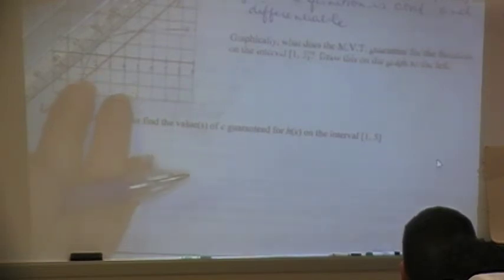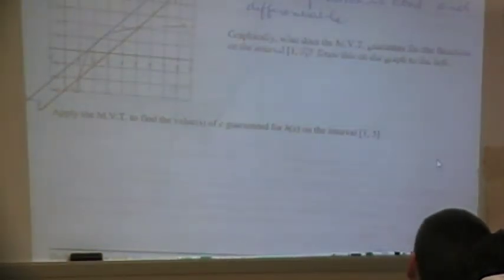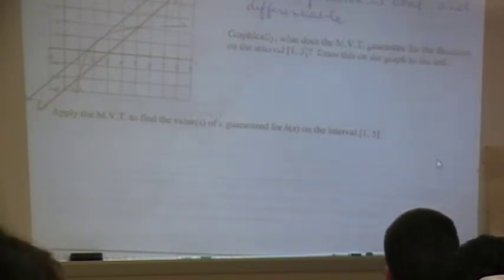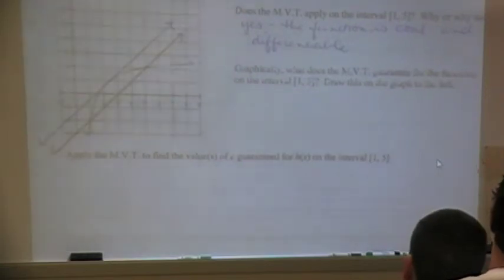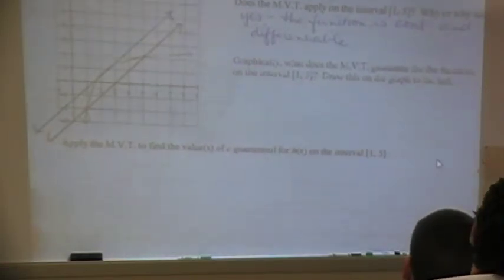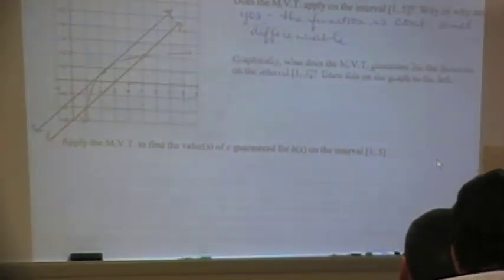We're just doing it graphically right now. I am just going to draw a parallel line, because that would mean they have the same slopes, right? Now you understand why you spent all those years going, parallel lines have the same slope. Now that means my instantaneous rate of change and my average rate of change have the same slope. They're parallel lines. So it's somewhere in between. It looks to be right about here somewhere. A little more than 2 maybe? Yeah.